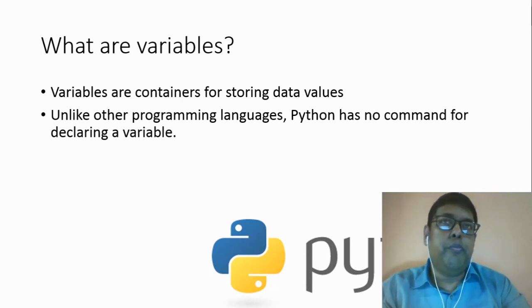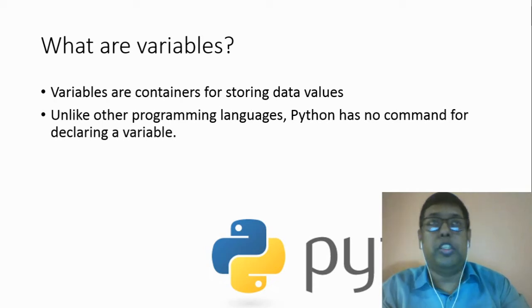For example, in C or C++, you need to define whether it's an integer, a float, or a real. Why? Because that much space is allocated to those variables. But in Python, there is no such command, so you can simply go ahead and declare any kind of variable that you want.